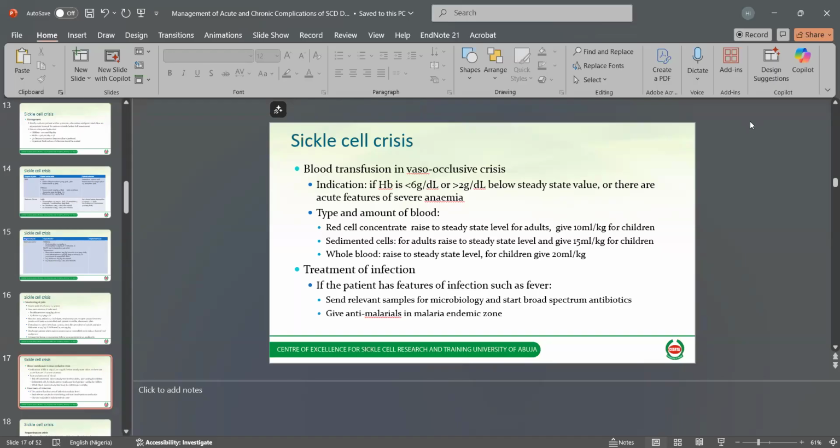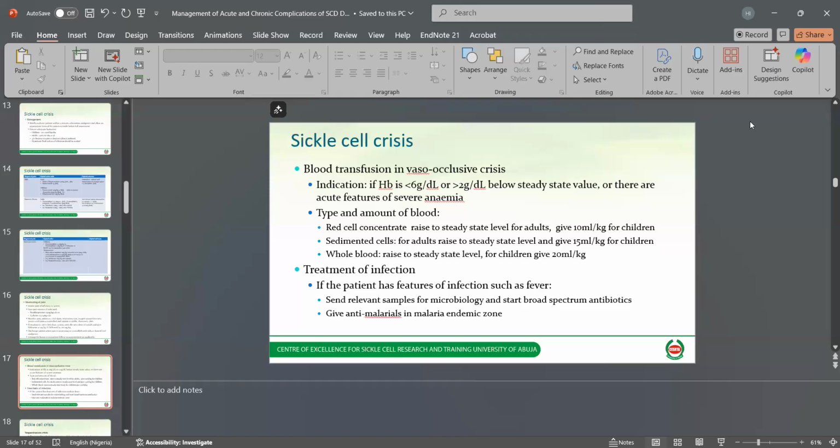Treatment of infection. If through the assessment you identify that this vaso-occlusive crisis is triggered by infection, we need to treat the infection. Features of infection, of course, include fever.